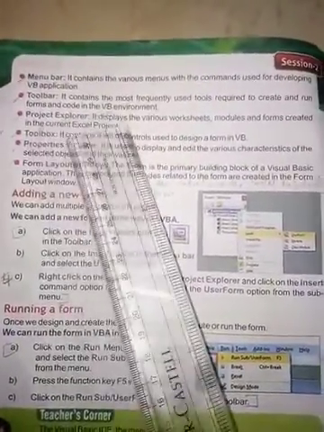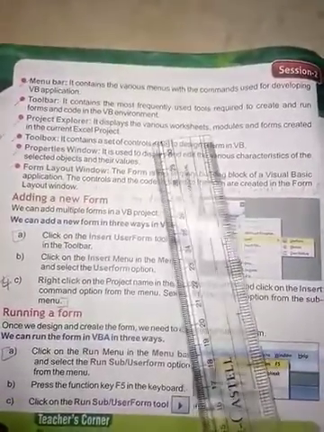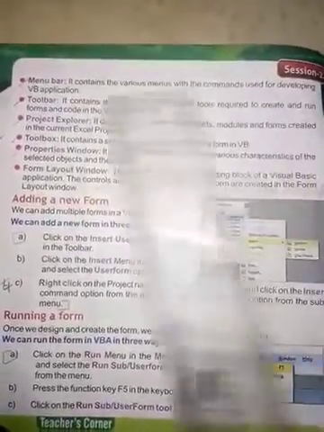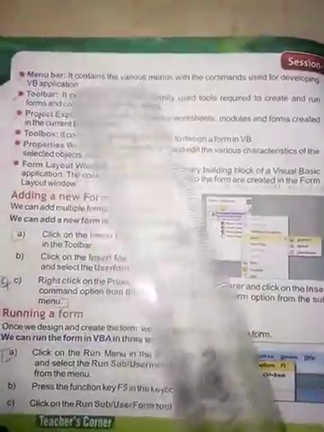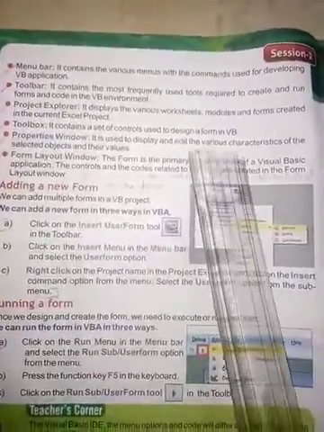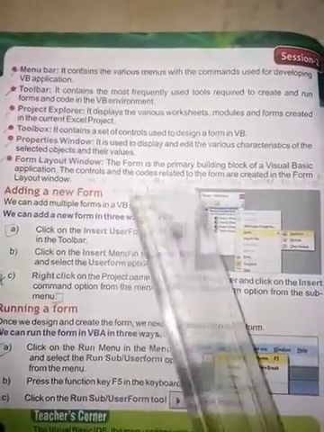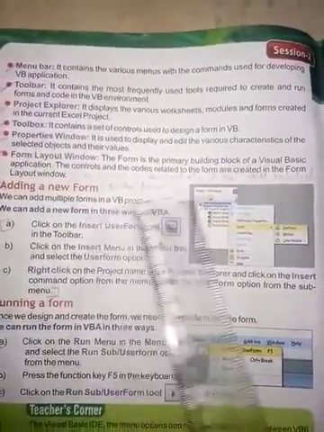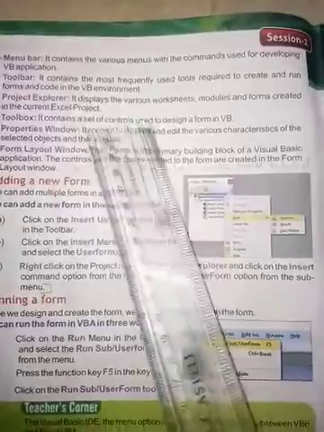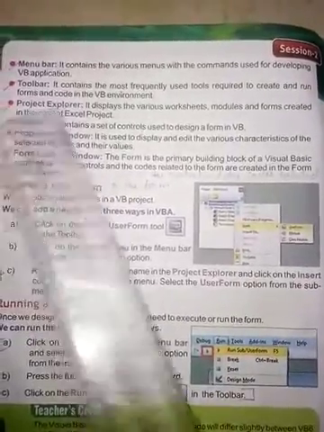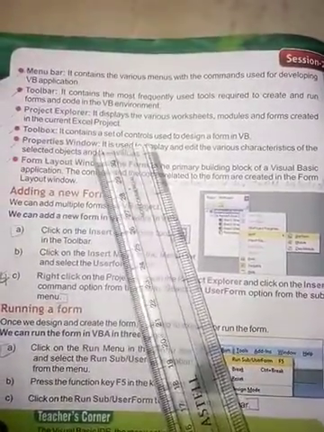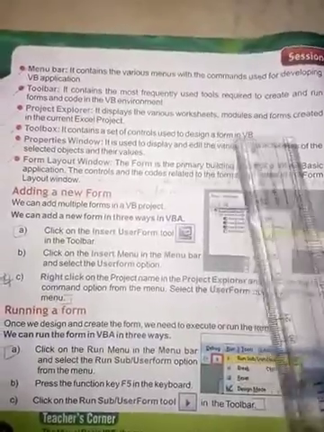Project Explorer: it displays the various worksheets, modules and forms created in the current Excel project. So in the current project, whatever worksheets, modules, forms are being created, it will show them. Toolbox: it contains a set of controls used to design a form in VB.